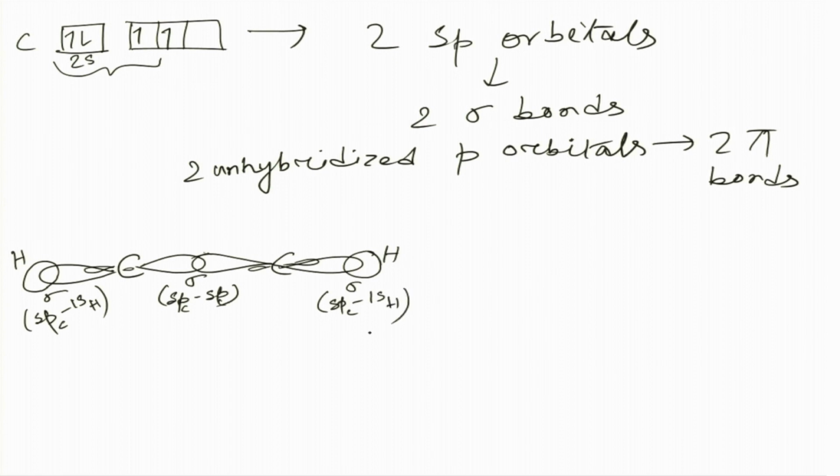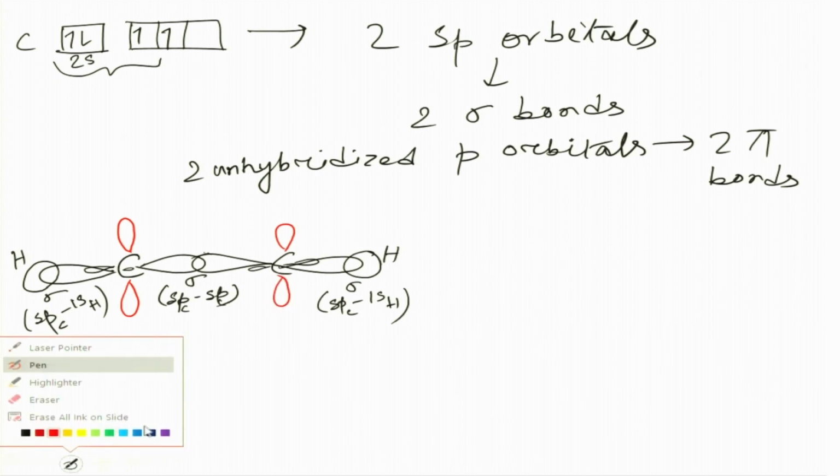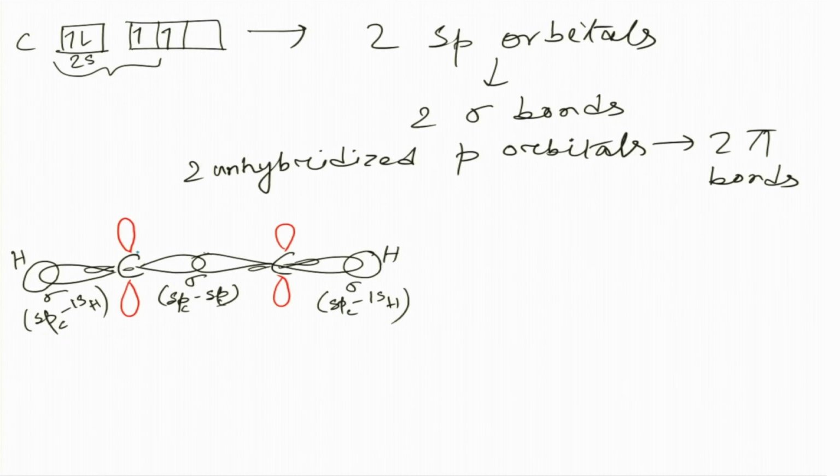Now, these carbons will have 2 unhybridized p orbitals, right? If we draw like this, this is one pair of p orbitals and this will be another pair of p orbitals.